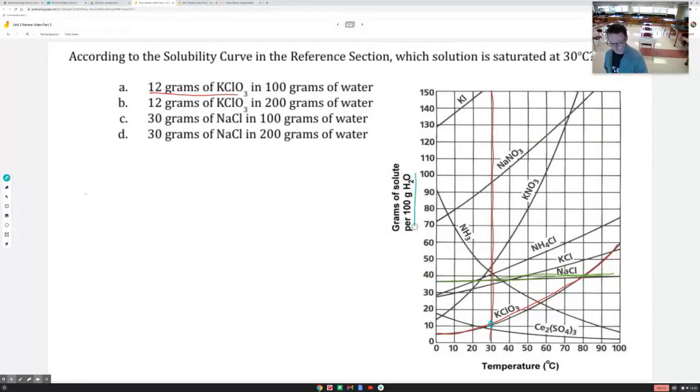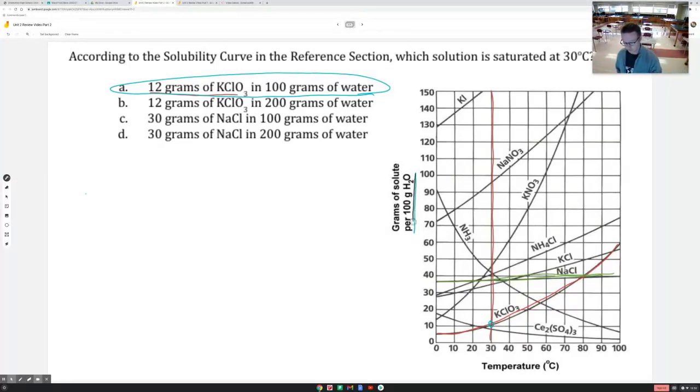And this chart is based on 100 grams of water. So the line represents saturation. If I hit that line at 30 degrees, that means roughly 12 grams would be a saturated solution. The other option, 12 grams, the same amount, but in 200 grams of water?